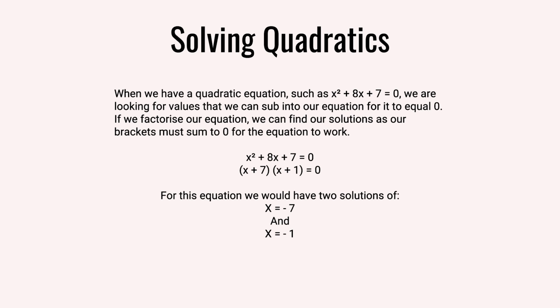As we did in our last lesson, we get x plus 7 and x plus 1, and this all equals 0. So, for the equation to work, it would have two solutions: x equals minus 7, because minus 7 plus 7 equals 0, and x equals minus 1, because minus 1 plus 1 equals 0. And these are the two solutions.